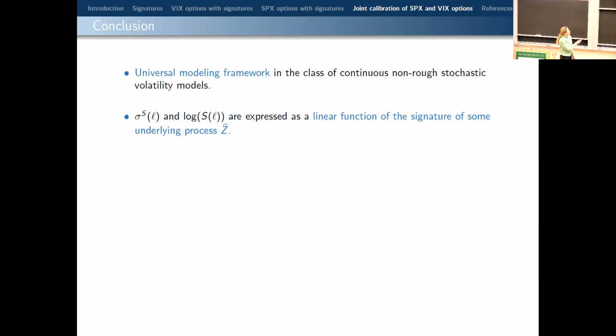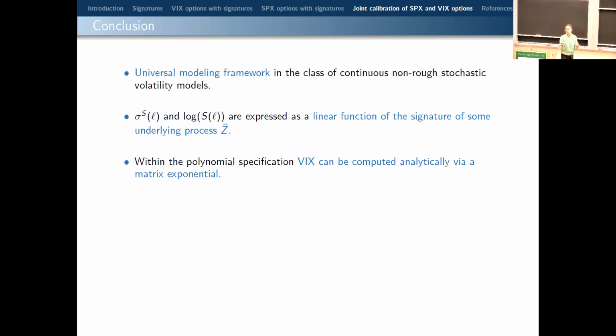And so to wrap it up, it is a universal modeling framework in the sense that every continuous non-rough stochastic volatility model can be approximated. It nests also a lot of models, and both the volatility, by assumption, but then also by calculation, the log price can be expressed as linear functions of the signature of this underlying process, containing also the Brownian motion.